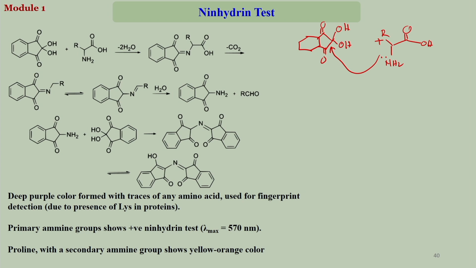So it is a nucleophilic substitution. This attacks, and one OH is eliminated. Because the carbonyl groups are there, they drag the electrons, which makes the carbon more electrophilic, so the nucleophilic substitution by the amine becomes very facile.